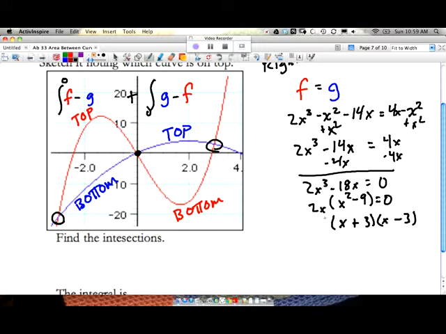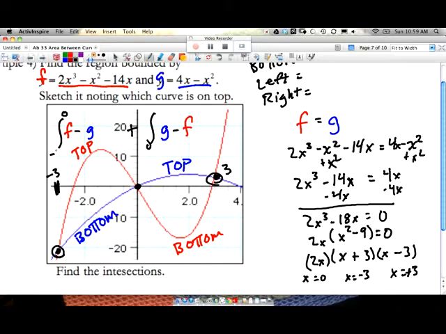Square root of x squared is x, and we got the 2x. So that means that x equals 0, x equals negative 3, and x equals positive 3, which confirms my original suspicion that they crossed at 0, but now I can be totally sure of that. And right here we know that this is at 3, and this down here is at negative 3, for sure. So to complete this setup, we're going to go from negative 3 to 0, and then from 0 to 3.